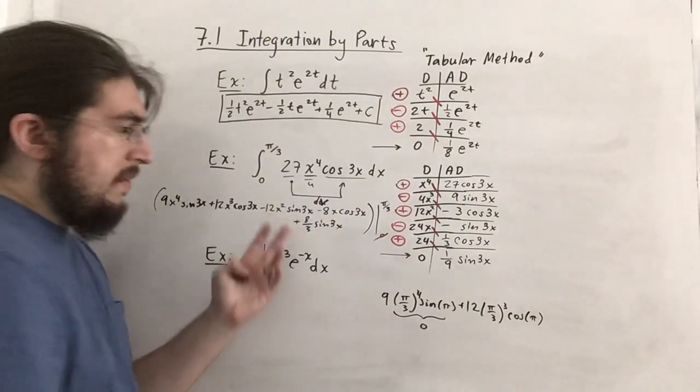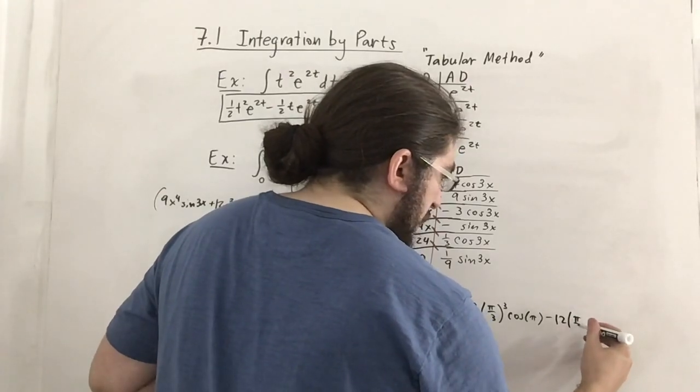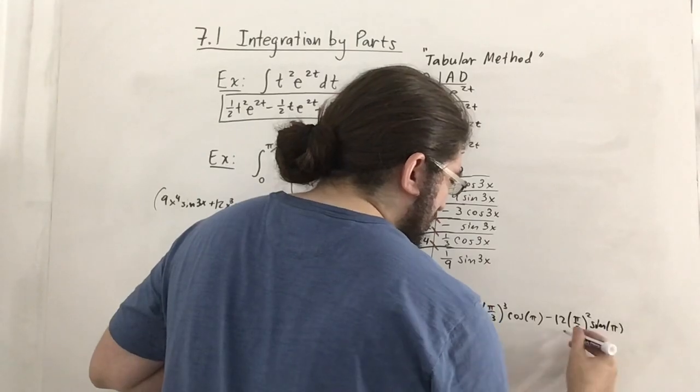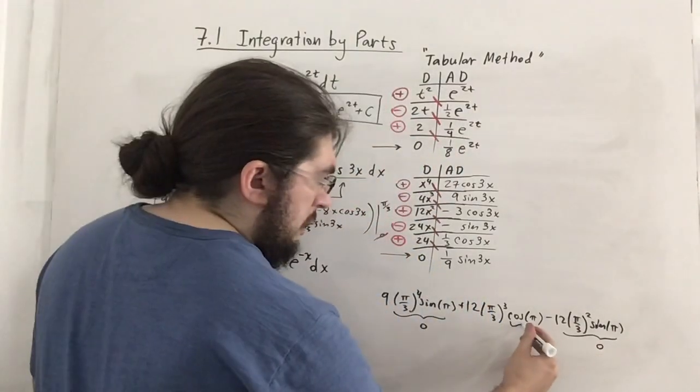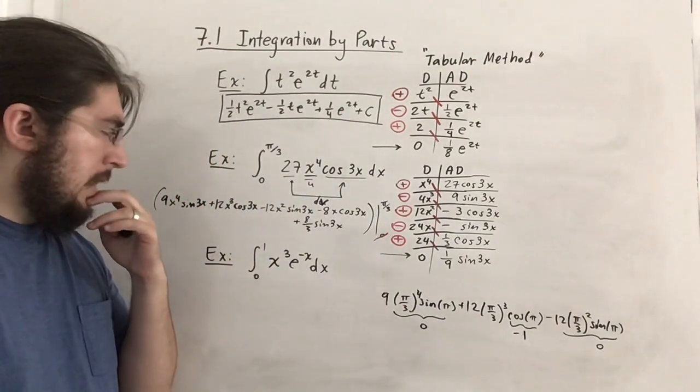And then we have negative x squared, so it's 12x squared, sorry, pi over 3 squared times sine of pi. And again, this guy is 0. Oh, by the way, cosine of pi is negative 1, so that'll change its sign actually.